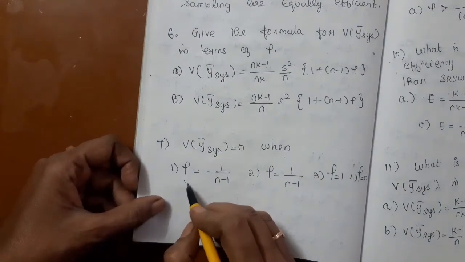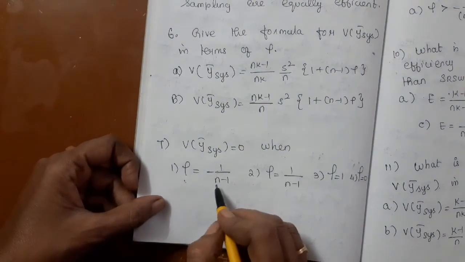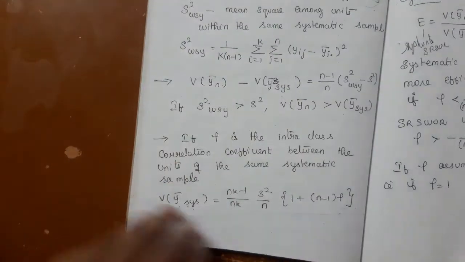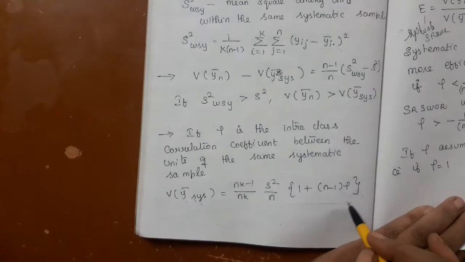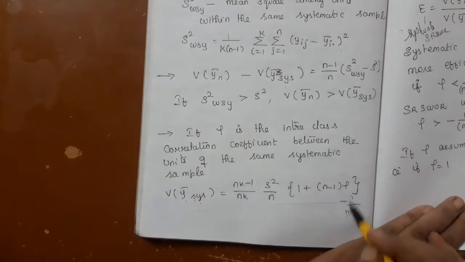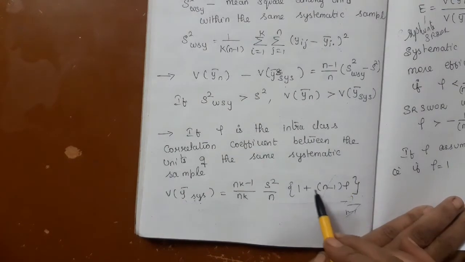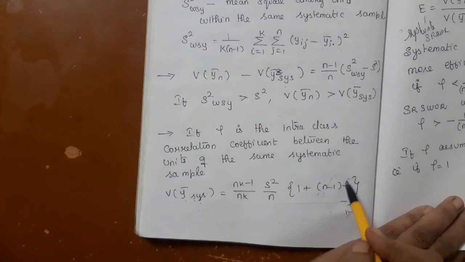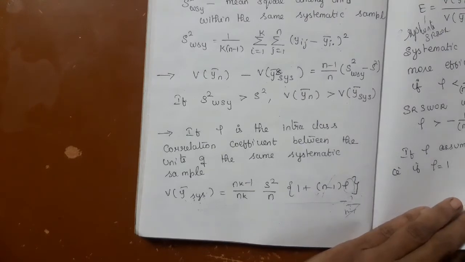When rho assumes the minimum value minus 1 by n minus 1, variance of y bar sys becomes 0. See, if you put minus 1 by n minus 1 here, n minus 1 and n minus 1 get cancelled. So you have 1 minus 1, which is 0. So variance of y bar sys will become 0 when rho is equal to minus 1 by n minus 1.